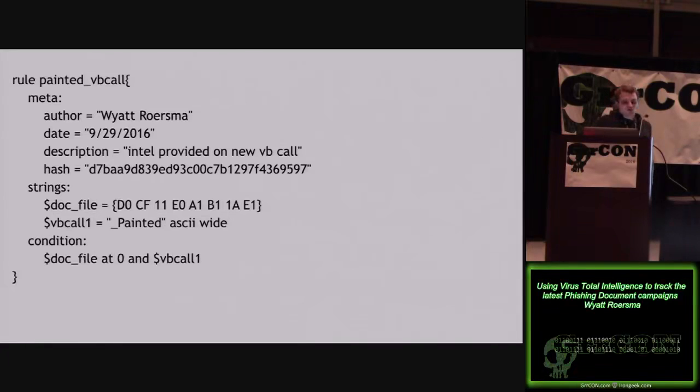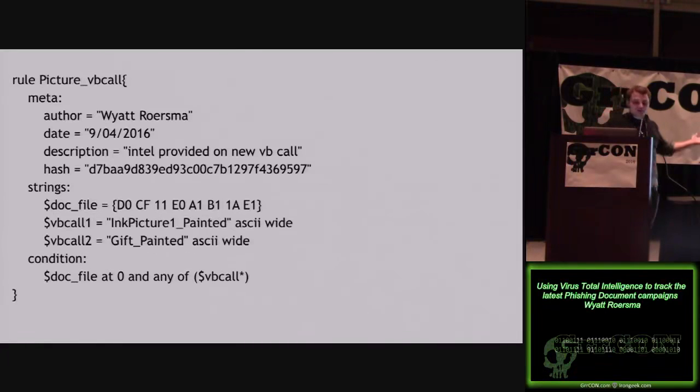So what you would do is have a rule like this that's much more specific, and you've used retro hunts to verify that there is not a huge false positive ratio with this rule, or ideally no false positives. If you do have false positives, you should probably go and look at why.